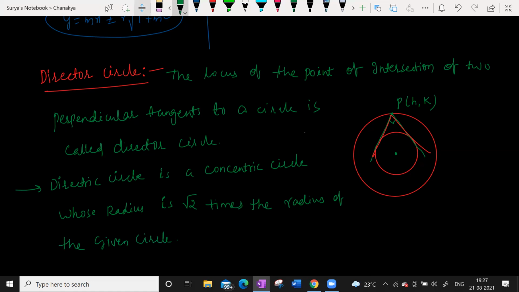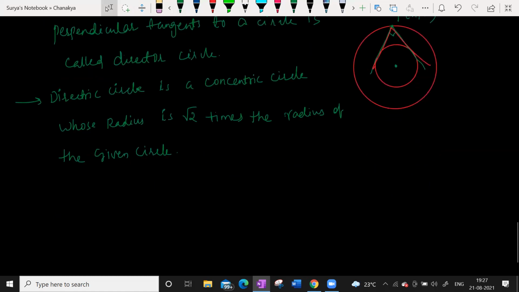The director circle is a concentric circle whose radius is root 2 times the radius of the given circle. ये बहुत important property है, ठीक है?